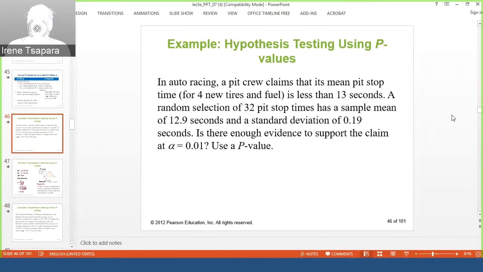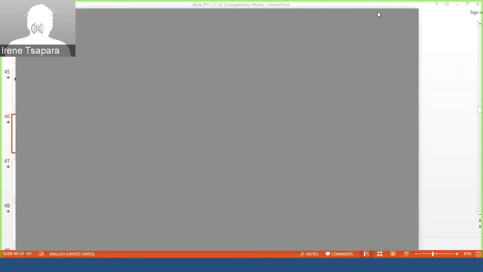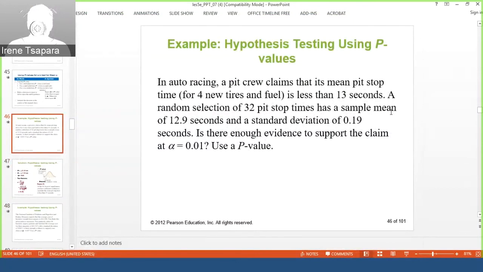Since it doesn't include an equal sign, then this means that the claim will become the alternative hypothesis. And the null hypothesis will be greater or equal to 13 seconds. Very good. Yes, that's right, exactly. So that's the one thing, and we have finished with step one. We set up the H0 and the HA.